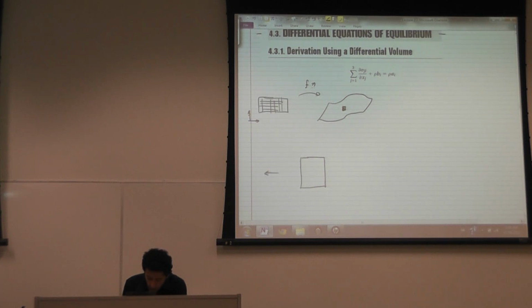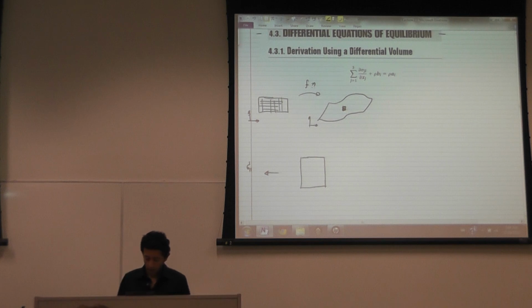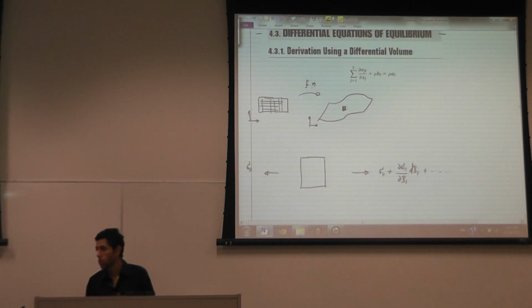If this is sigma 1, again, we assume everything is smooth and differentiable. If things are not smooth and differentiable, I can't write a differential equation. Because of smoothness, I'm assuming that sigma 1 is a smooth function all over my object, so at this point I have sigma 1 plus a little bit more that's related to the partial derivatives of sigma 1, plus other parts that I will ignore.